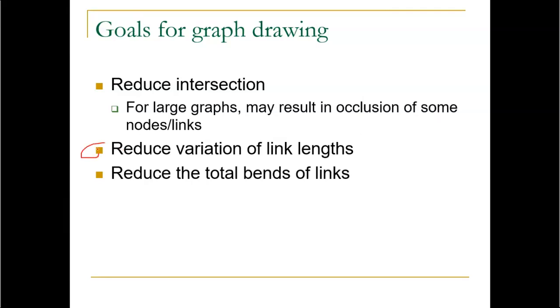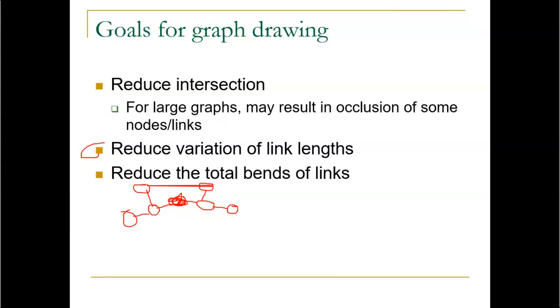And the next goal would be to reduce the variation of lengths for our links, for our edges. In other words, if I have a graph where all the edges are about the same size, it allows me to focus on how far a node is from another node.